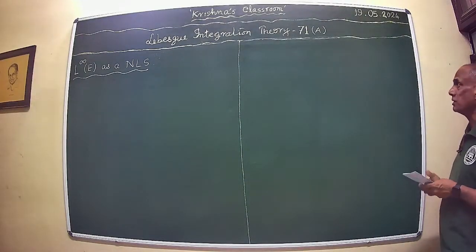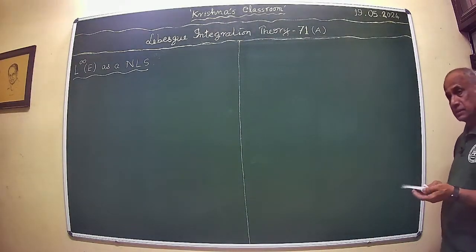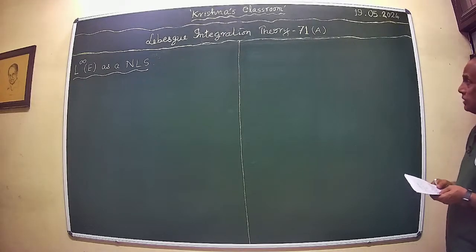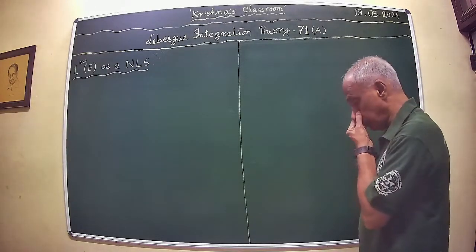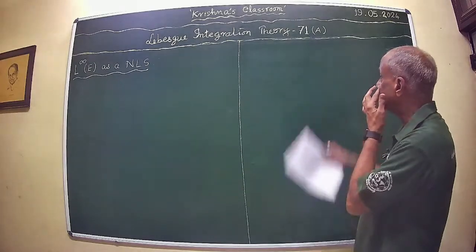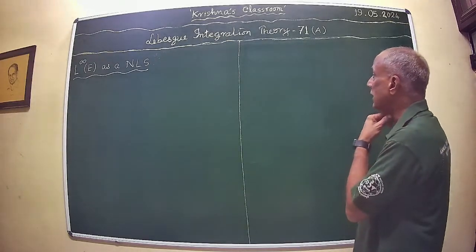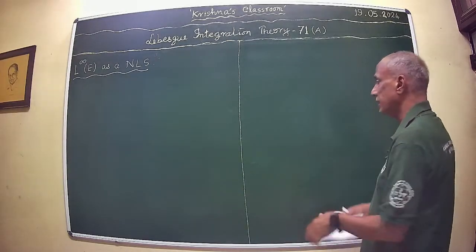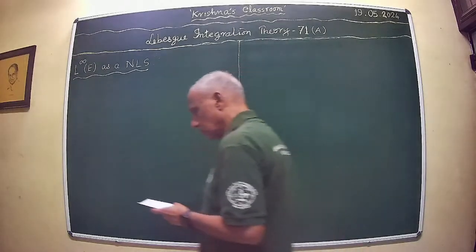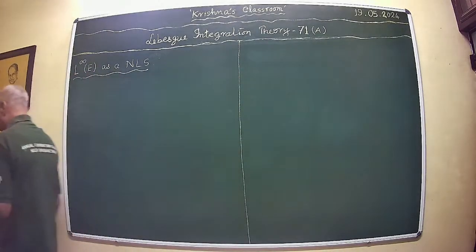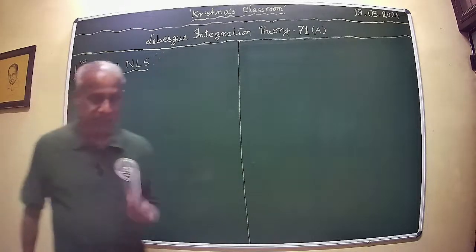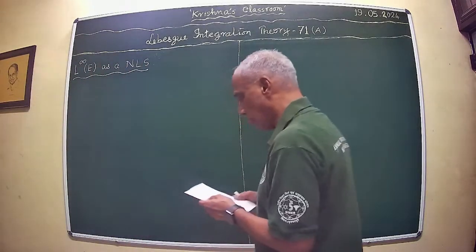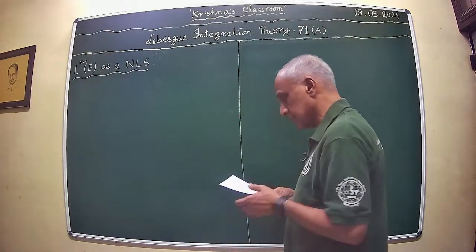Therefore, I thought I would do it for the sake of clarity again. Therefore, I have numbered this talk as Lebesgue integration theory 71A. Okay, so let us recall what L infinity is, be clear about what it is, and also about the notations.